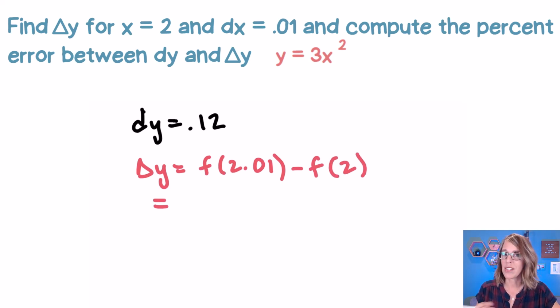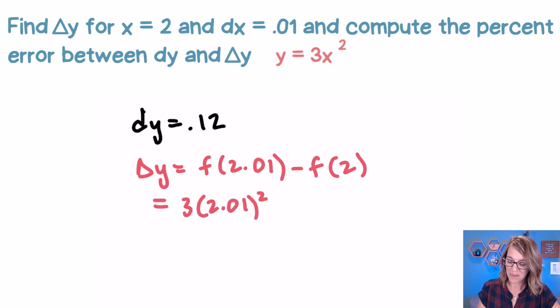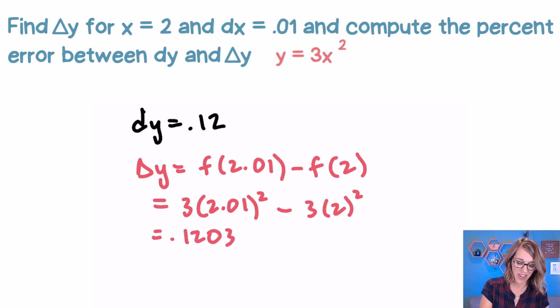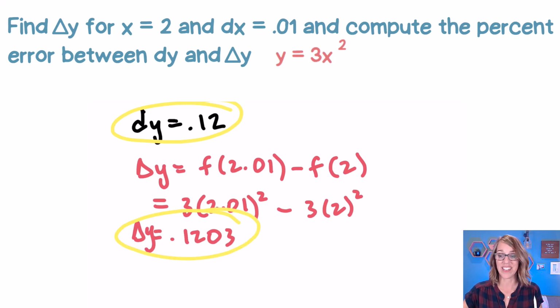Well, my function is 3x squared. So that's going to be 3 times 2.01 squared minus 3 times 2 squared. Computing this with my calculator, I end up with 0.1203.